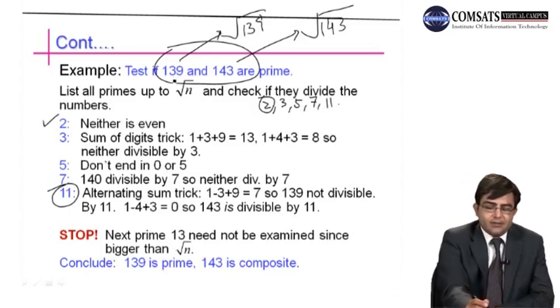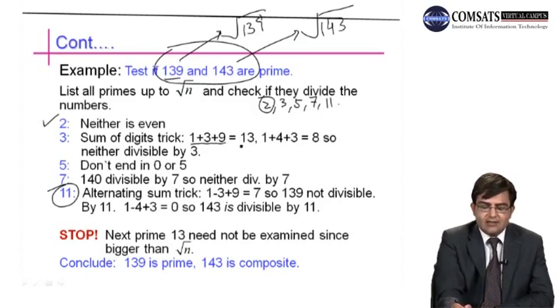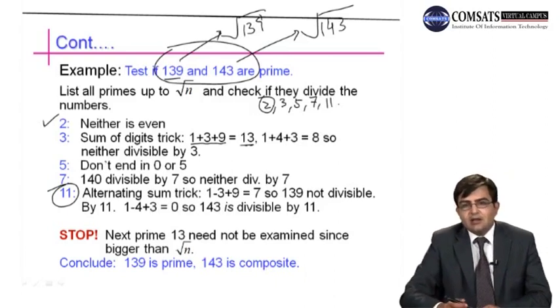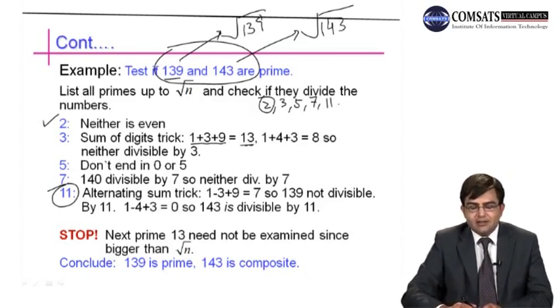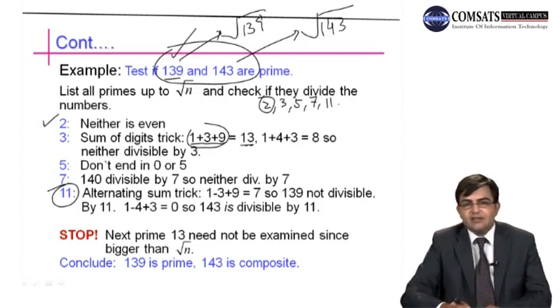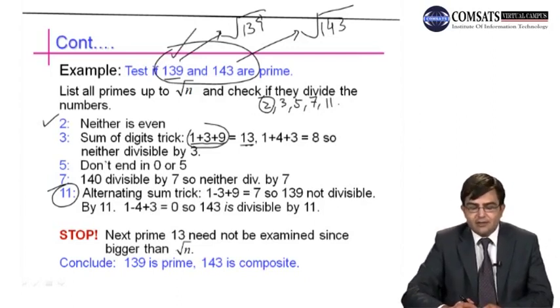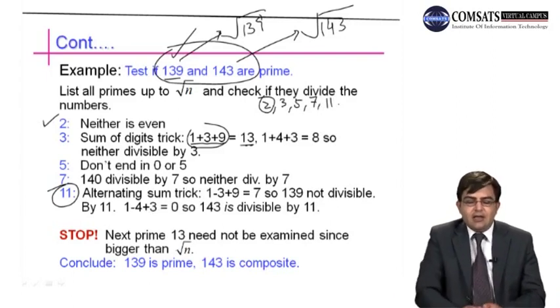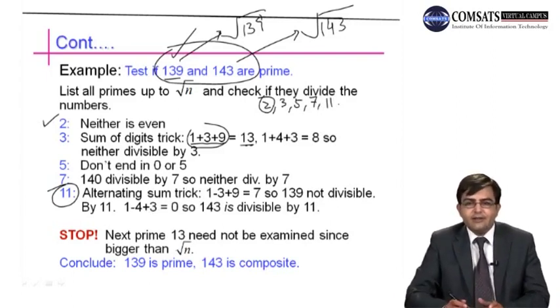If we sum up the digits of the number 139 and the resulting number is divisible by 3, then this number 139 is divisible by 3. This is another result in number theory, which holds for division by 3. Any number is divisible by 3 if the sum of its digits is divisible by 3.